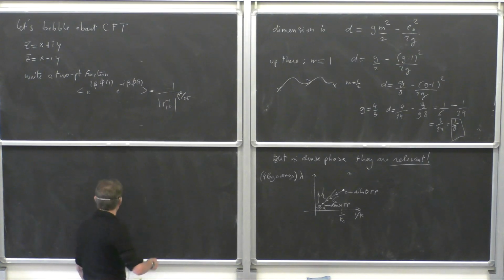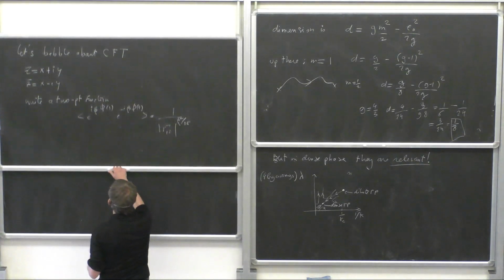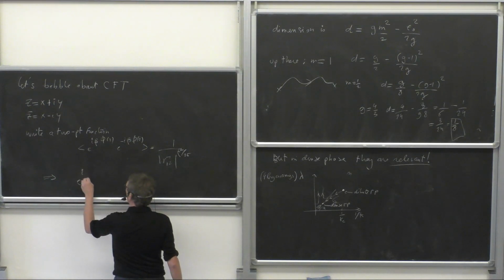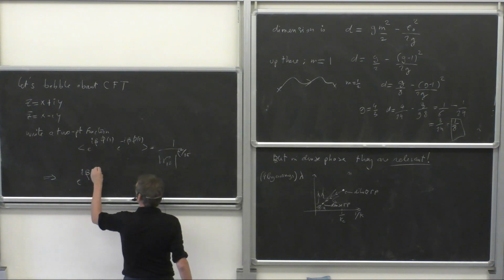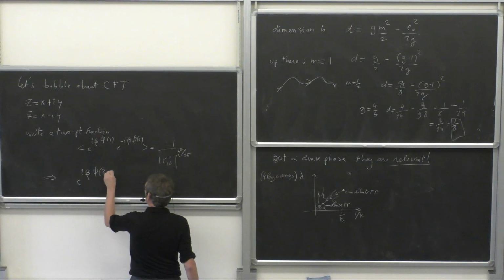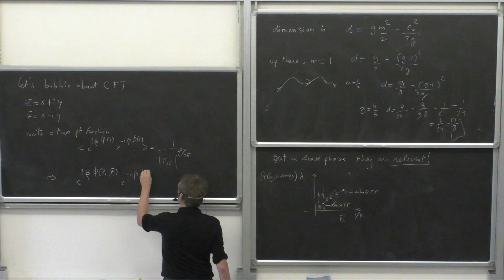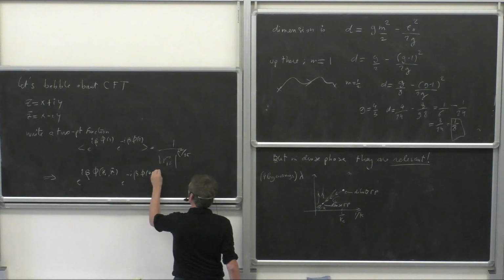So now instead of 1 and 2, I'm going to write this as e to the I beta phi of z1 z bar 1, e to the minus I beta phi of z2 z bar 2.